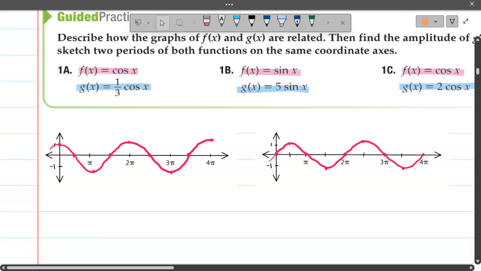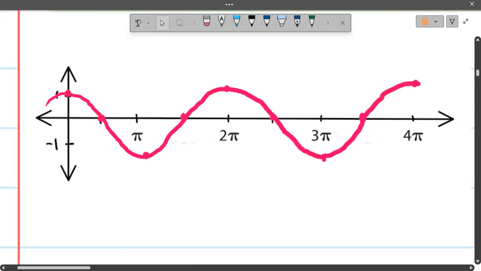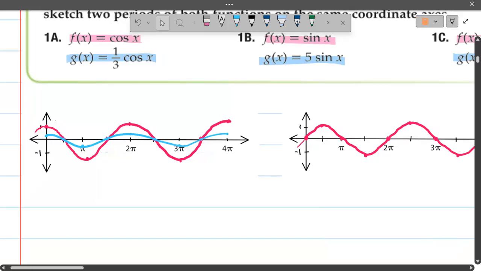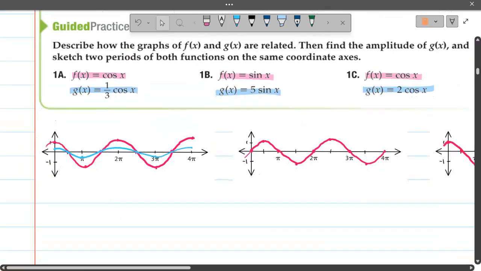So instead of going all the way up to 1, I'm only going to go up to 1/3. And I'm only going down to 1/3. Up 1/3, down 1/3. Instead of up 1, down 1, I'm going up 1/3, down 1/3. So you can see that that 1/3 fraction really flattens out our cosine. Makes it much flatter. It is a vertical compression because 1/3 is less than 1.